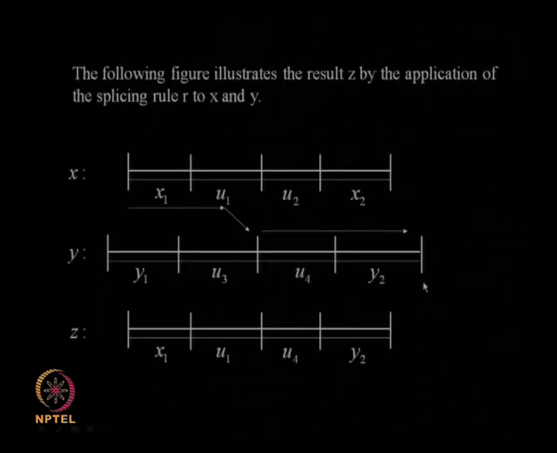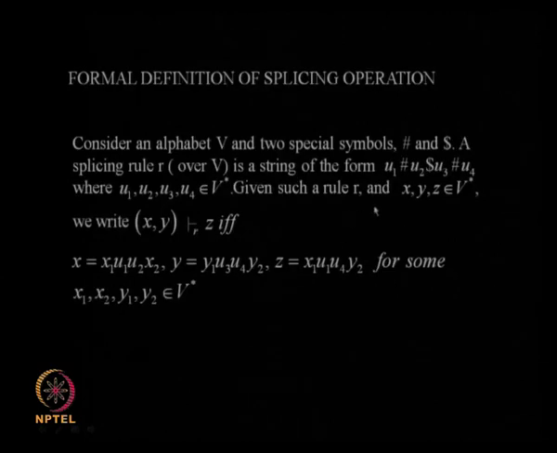So, the situation is like this: x is of the form x1 u1 u2 x2, then y is of this form. Please note that the rule is u1 hash u2 dollar u3 hash u4, that means a cut can be made between u1 and u2.